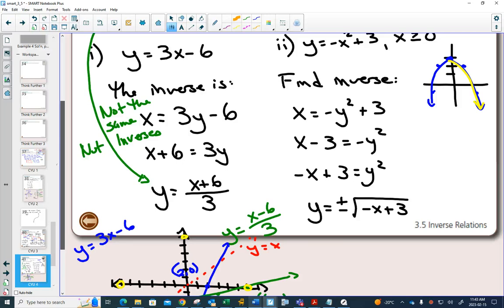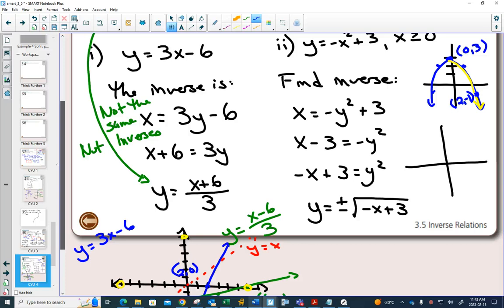And we have to ask ourselves, is it going to be the positive one or is it going to be the negative one? And again, the way that we looked at this before, if we think about this graphically, on my original graph, on the yellow part, I have 0, comma 3. I also have 2, comma negative 1. Those are 2 points on that yellow half with the domain restriction.